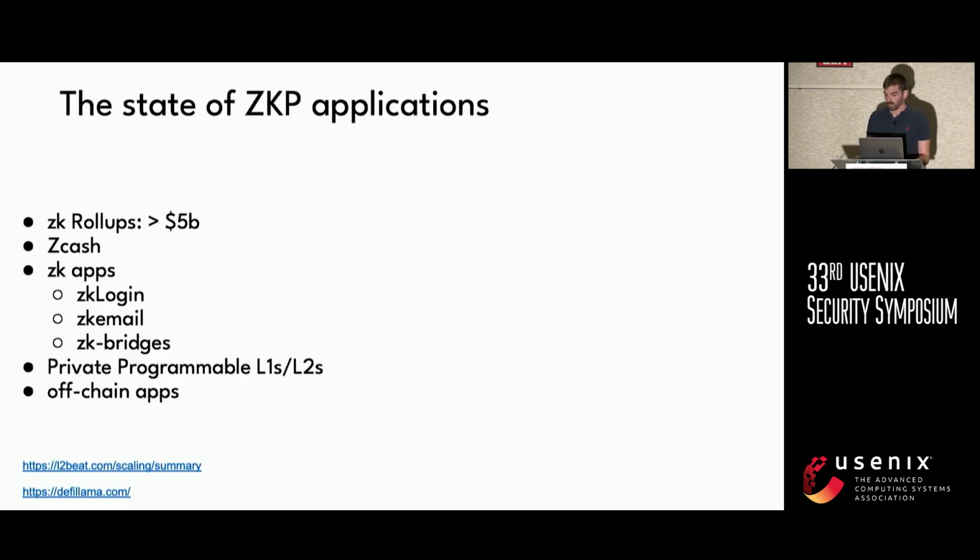So I will start by giving a brief overview of the state of ZKP applications. So we have ZK rollups, which are layer 2 scalability solutions for legacy blockchains like Ethereum and Bitcoin. The idea is that users submit transactions to a layer 2 blockchain that is much more lightweight.